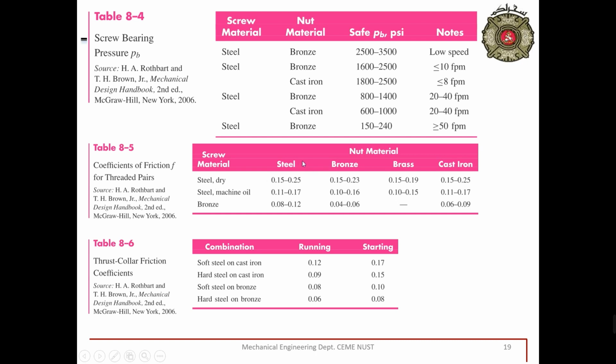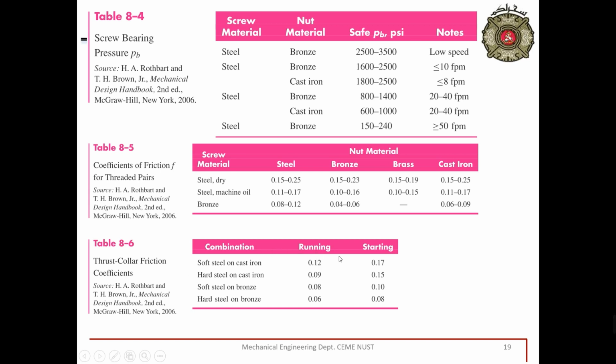For example, if the nut is made of steel and the bolt is also made of steel and the connection is dry, then the range of frictional coefficient is 0.15 to 0.25. And if you are not sure which value is to be taken, you can just take the average value, which is equal to 0.2.